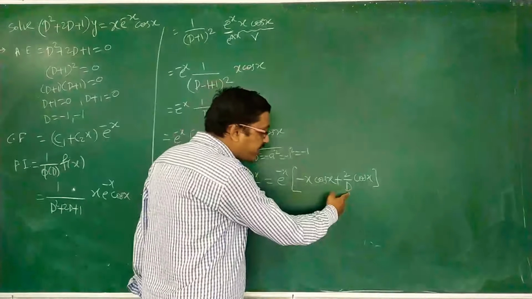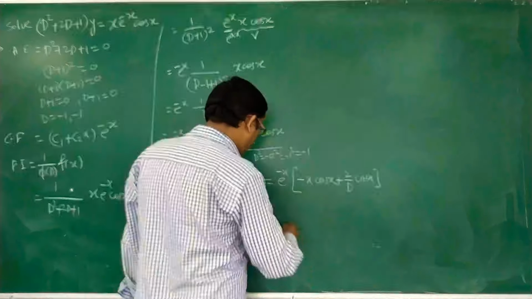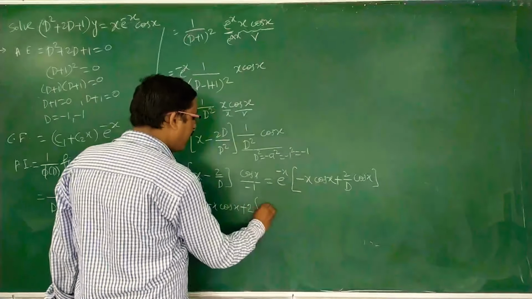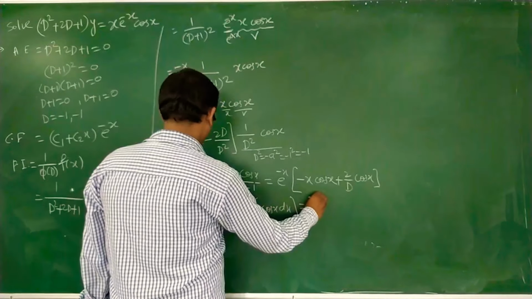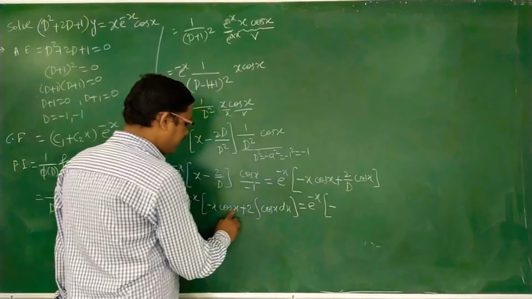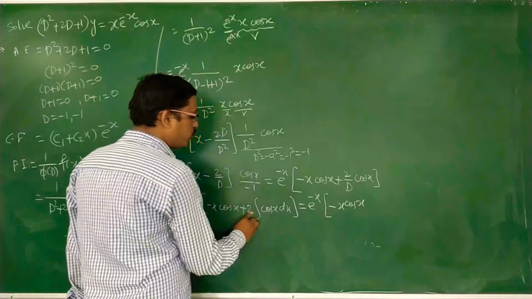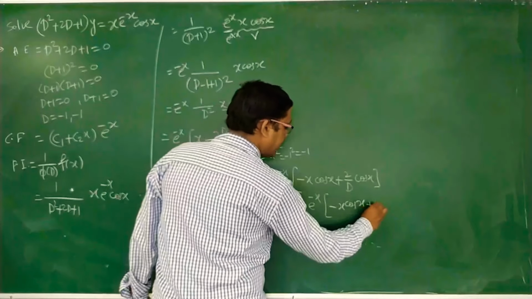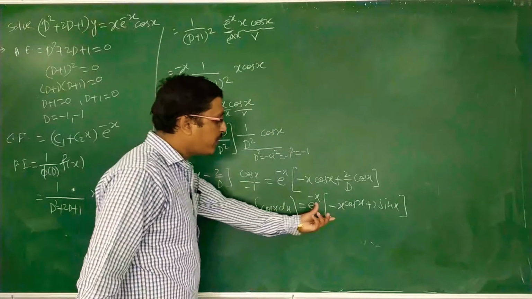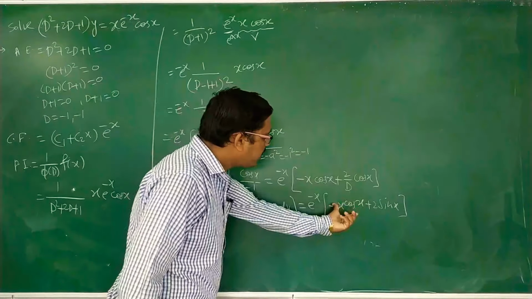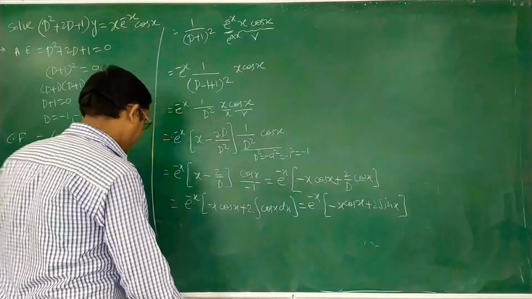We know that D is a derivative operator, so 1/D is the integration operator, that means the integration of cos x dx. This equals e^(-x) [-x cos x + 2 times the integration of cos x, which is sin x]. This is our final particular integral, because this term doesn't contain the operator D.